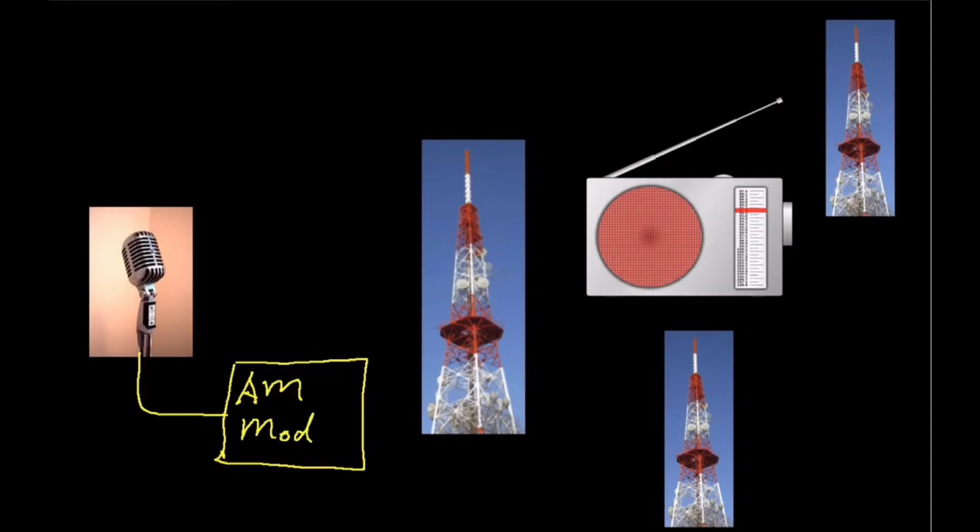And the output of the modulator is the signal that's going to be broadcast. So this signal gets sent up into the antenna, somewhere up here. And then that signal is broadcast by the antenna to, let's see, what's a good color for electromagnetic radiation? Here we go. To the antenna of this radio.